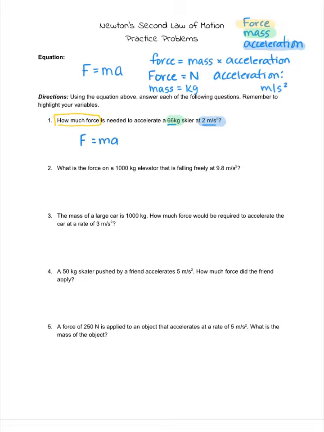F equals ma. Okay? Our mass and our acceleration. Now we can just plug this information in. 66 kilograms times, that little dot is times, 2 meters per second squared equals our newtons. I'll give you just a minute.